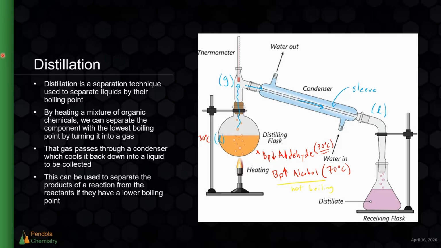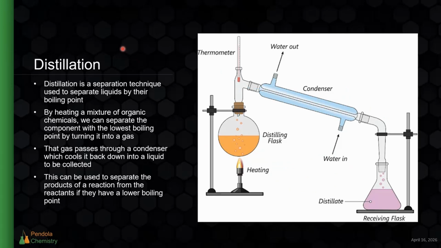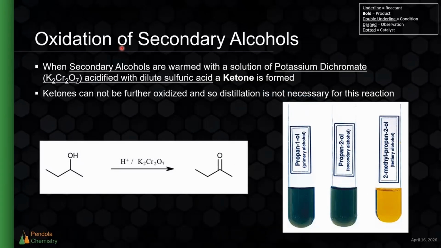Now that we talked about primary alcohols and their whole very complicated process of oxidation, let's talk about the much simpler secondary alcohols and their process of oxidation. Secondary alcohols are a lot more straightforward. When a secondary alcohol gets reacted with potassium dichromate that's been acidified and we heat it up, or again, potassium permanganate could be another option here, it will create a ketone as a product.